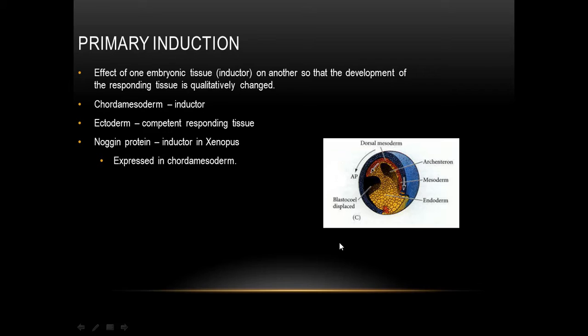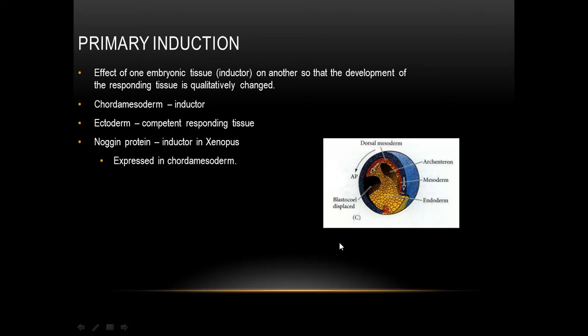Furthermore, the process requires us to understand a few factors. All right, as an inductive process, we can identify two important structures of the developing animal that are participating in the process: the inductive tissue and the responding tissue.